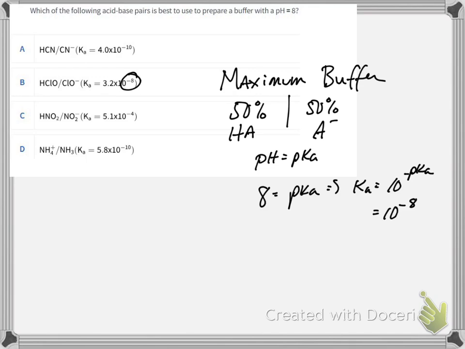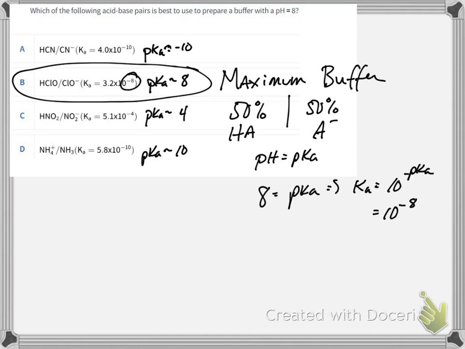Now, is it exactly 8? So it doesn't have a pH of exactly 8, no, but it is very close, right? If we look at the other substances, then the pKa is around 4, 10. So these would not be good choices, but here the pKa is equal to 8.